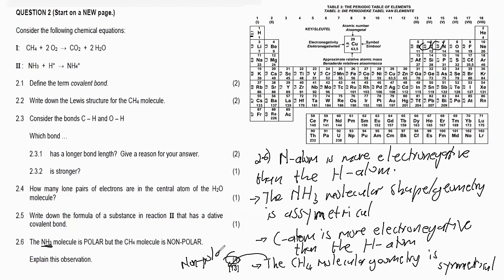Remember, if it's symmetrical, we say there's an even distribution of the electron density, right? So here there's an even distribution of the electron density, making it non-polar. But if this one is asymmetrical, that means it is polar because there's an uneven distribution of the electron density, right? So asymmetrical always leads to a polar molecule, and symmetrical leads to a non-polar molecule, right? So that's how you are supposed to explain that.